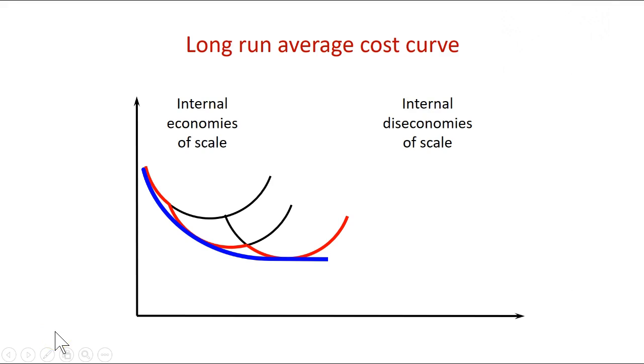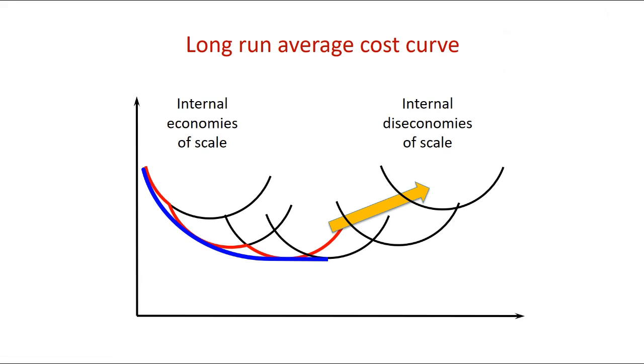So when we represent that idea graphically, we would say that the short-run average cost curves, although they're moving to the right as the firm produces more, they increase, they shift upwards.